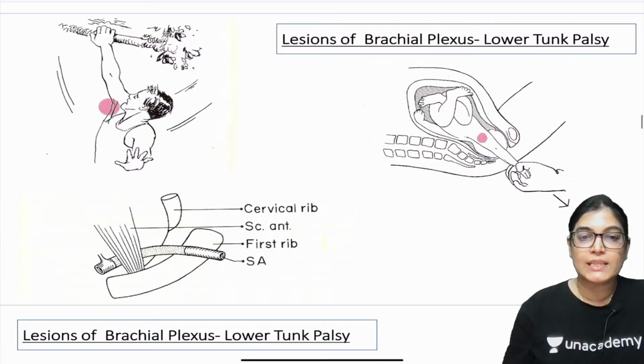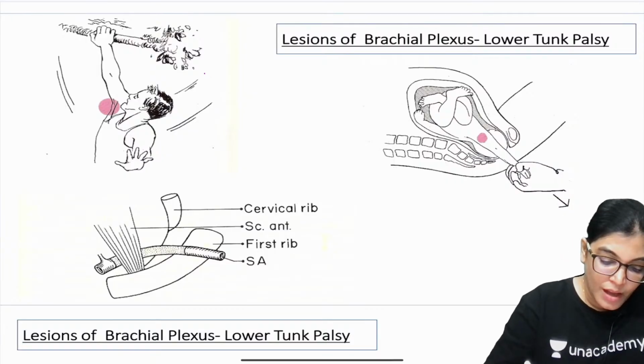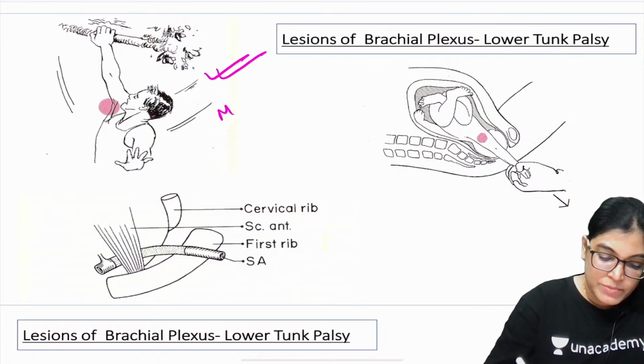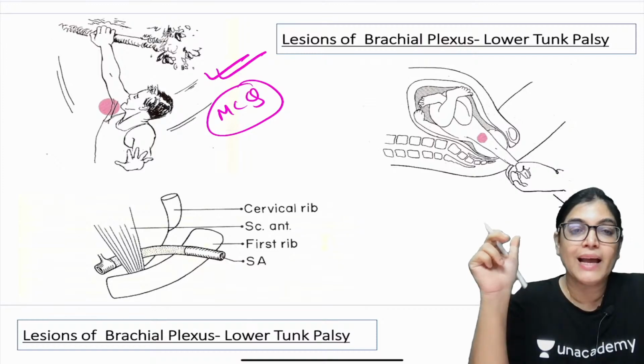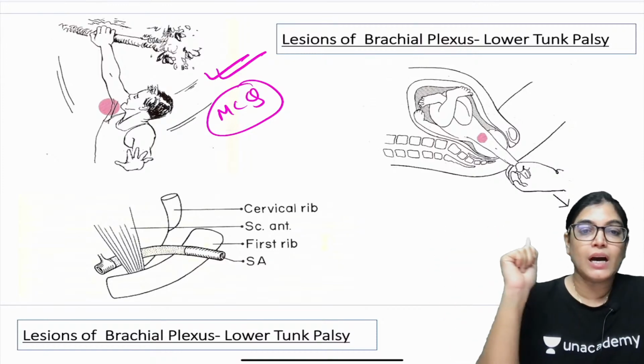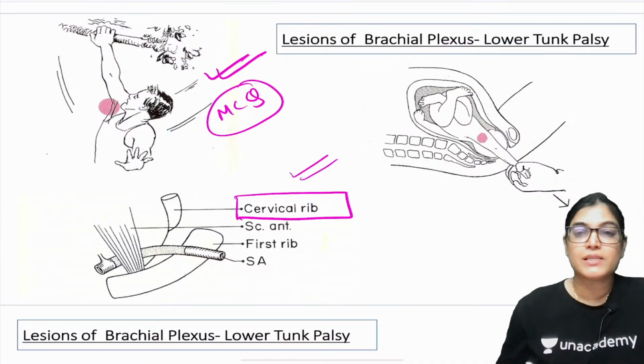So please see this diagram where the common reason for lower trunk palsy has been shown. This mode was mentioned in the MCQ, that a person is falling and then holding a branch of a tree. The other cause can be cervical rib, because this compresses the lower trunk.